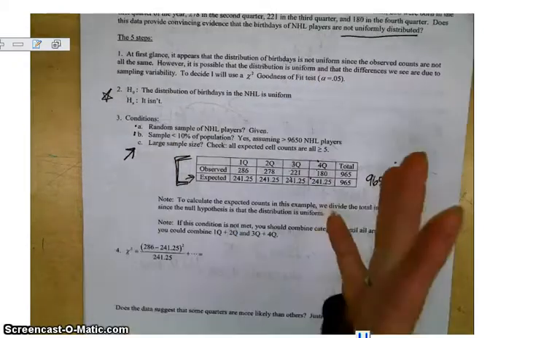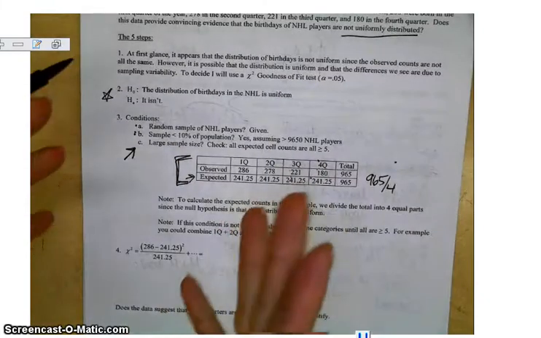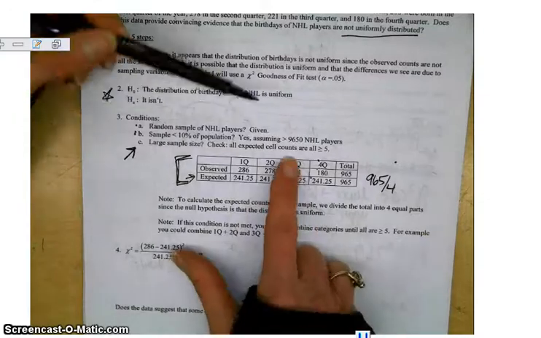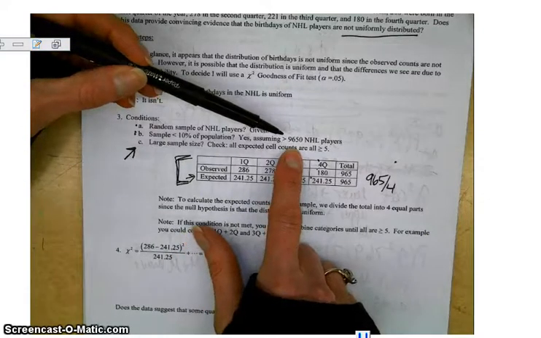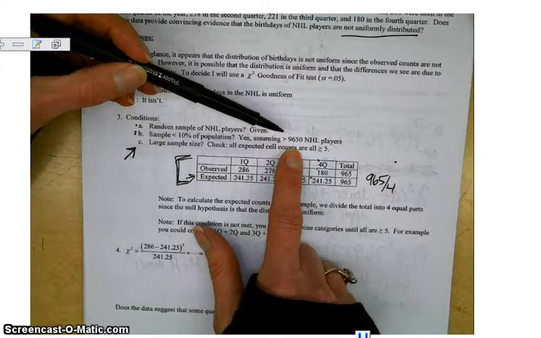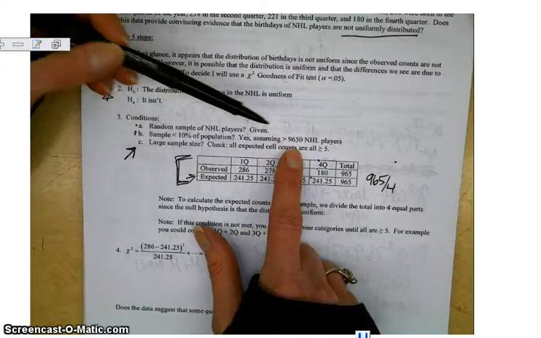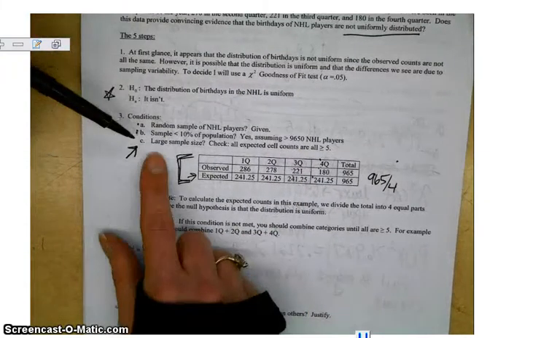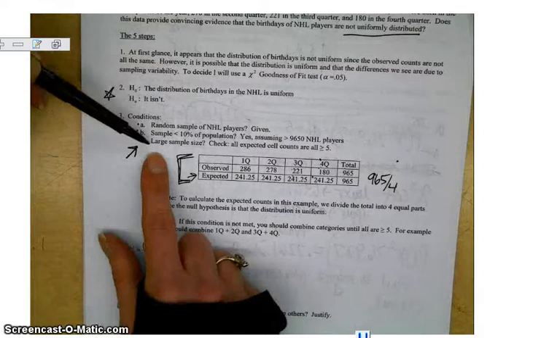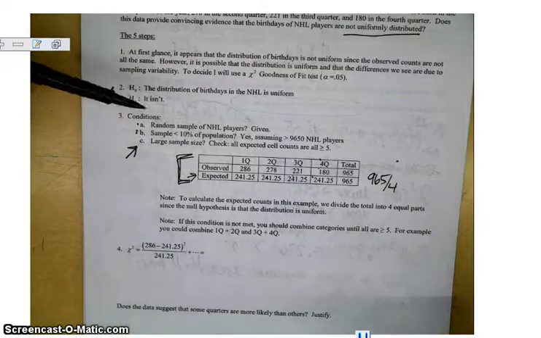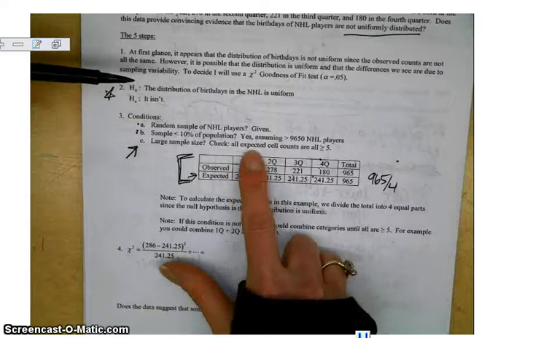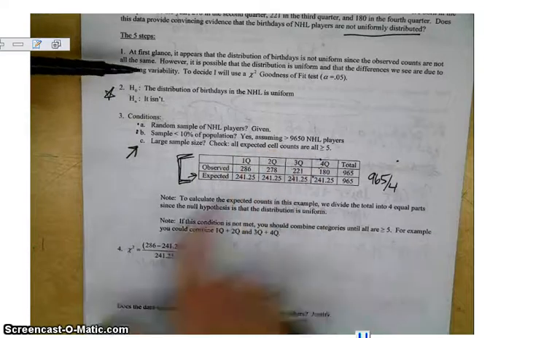We're going to assume it is. Over time, maybe not at one given time, but over time there have probably been more than 9,650 NHL players on all the teams since it started. That's probably a fact. And then large sample size. When you're dealing with any type of chi-square test, all of the expected cell counts should be more than 5.